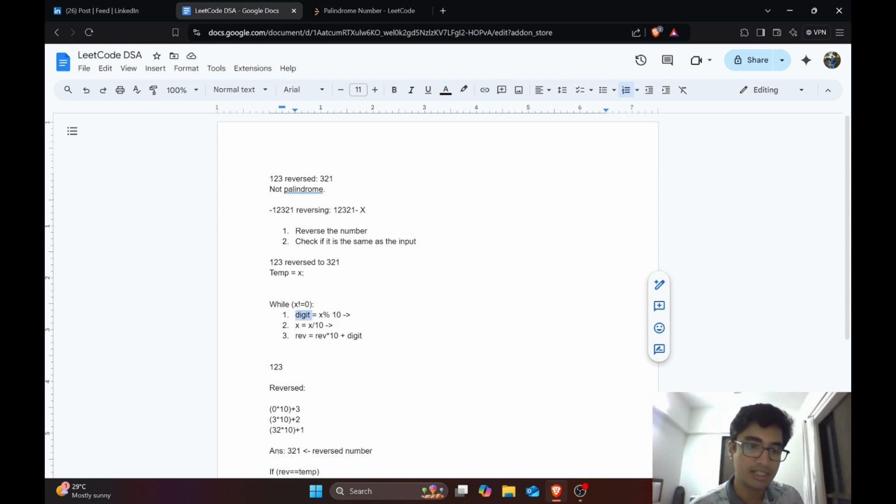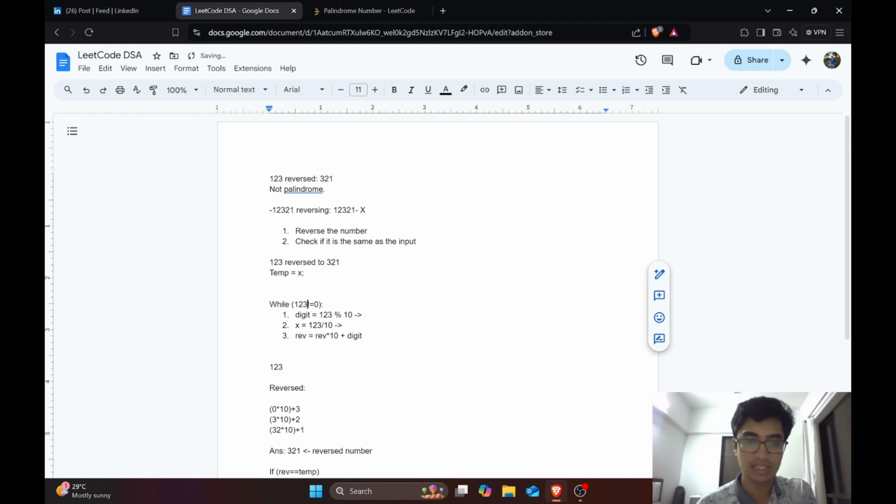So the digit is extracted. The last digit is the remainder that we get from the modulus symbol. It's better if I explain with an example. Let us take 123 as x.